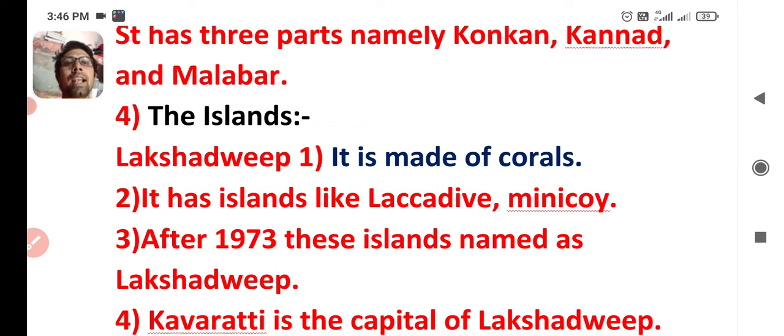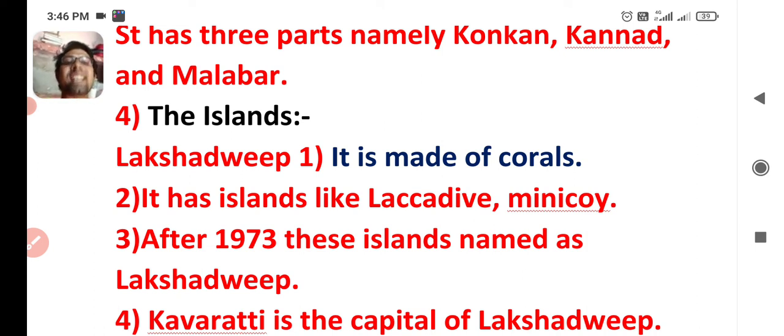On the other hand, Andaman and Nicobar Islands are located in the Bay of Bengal. Now the first one is Lakshadweep. It is made of corals. Corals are sea insects. It includes islands like Laccadive and Minicoy.